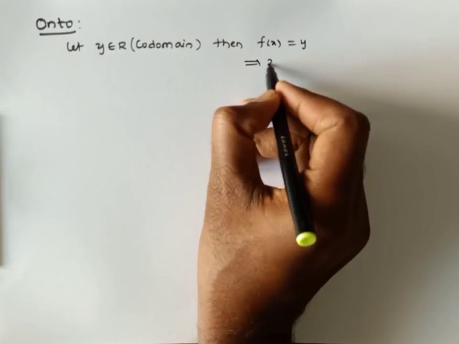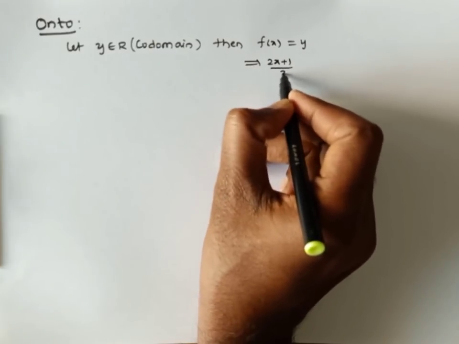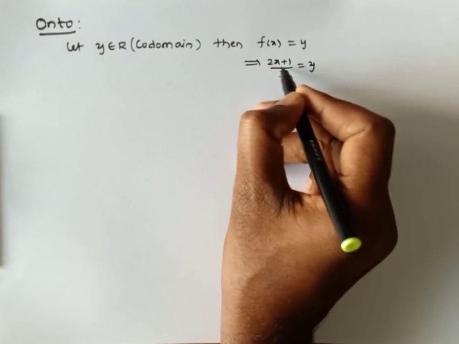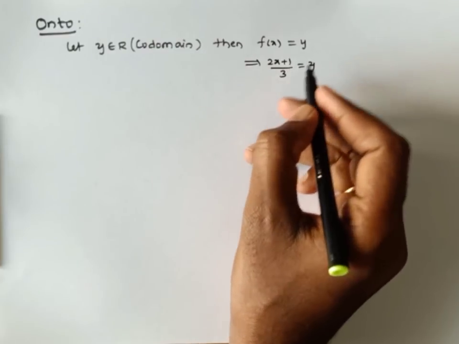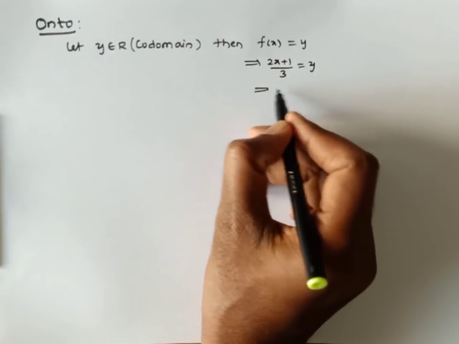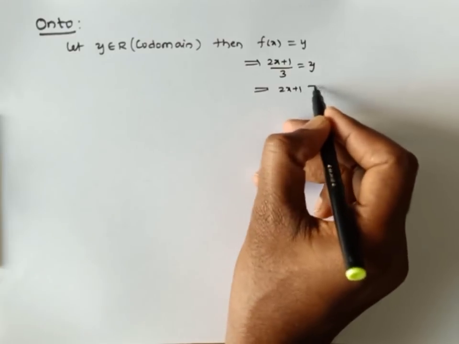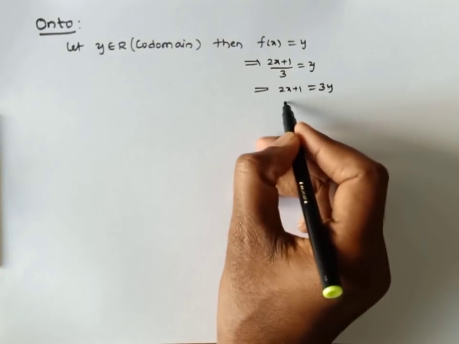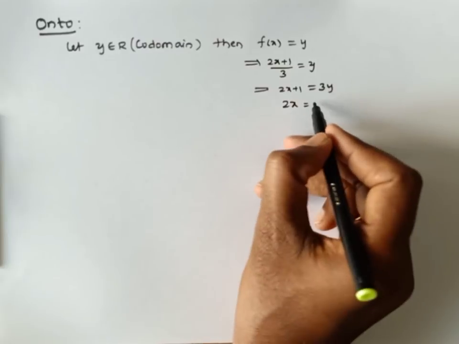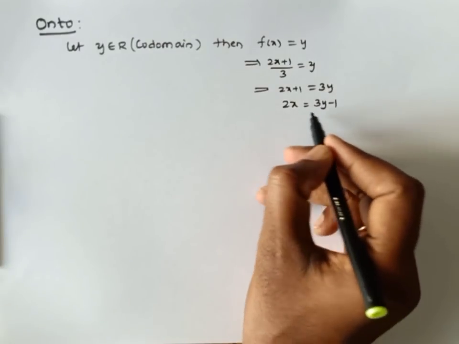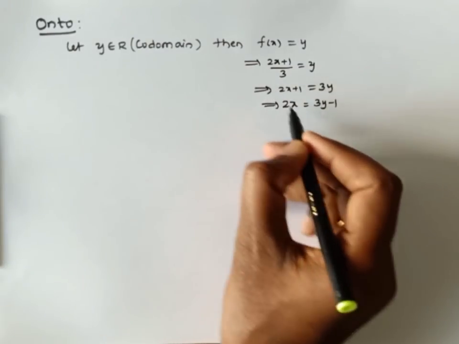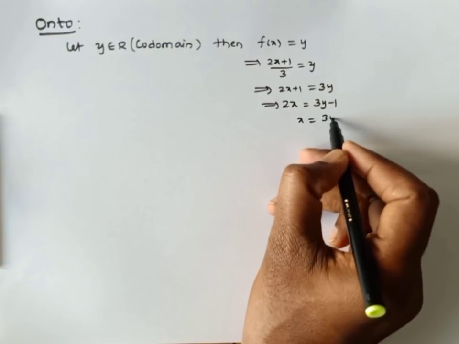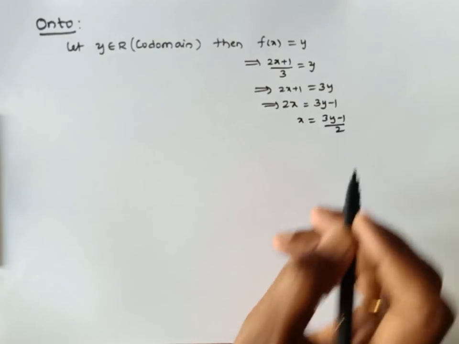Given f of x is 2x plus 1 by 3. So by using this relation, try to convert x in terms of y. So this is 2x plus 1 equals 3y, right? 2x equals 3y minus 1. Then this implies x equals 3y minus 1 divided by 2.